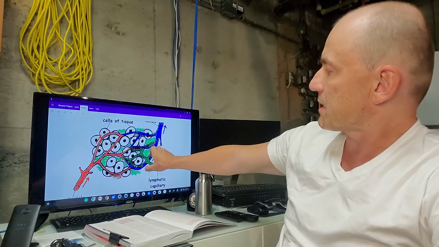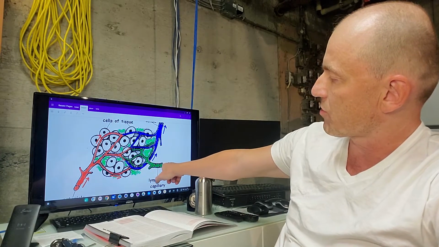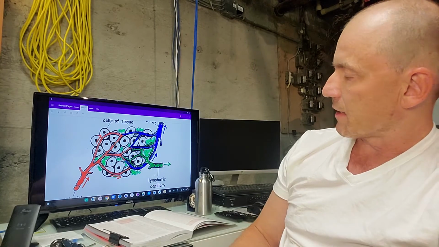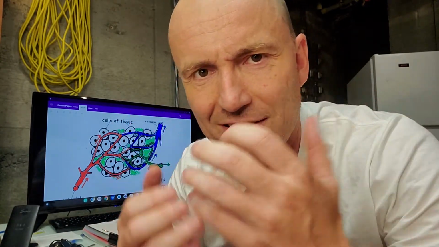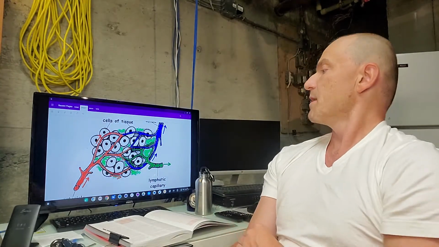So all the excess fluid will go into these lymphatic capillaries, represented here as green. And they're all over. These lymphatic capillaries are everywhere. They're missing in just a couple of things, like teeth and eyeballs, but the rest of your body is covered in lymphatic capillaries to drain excess fluid.